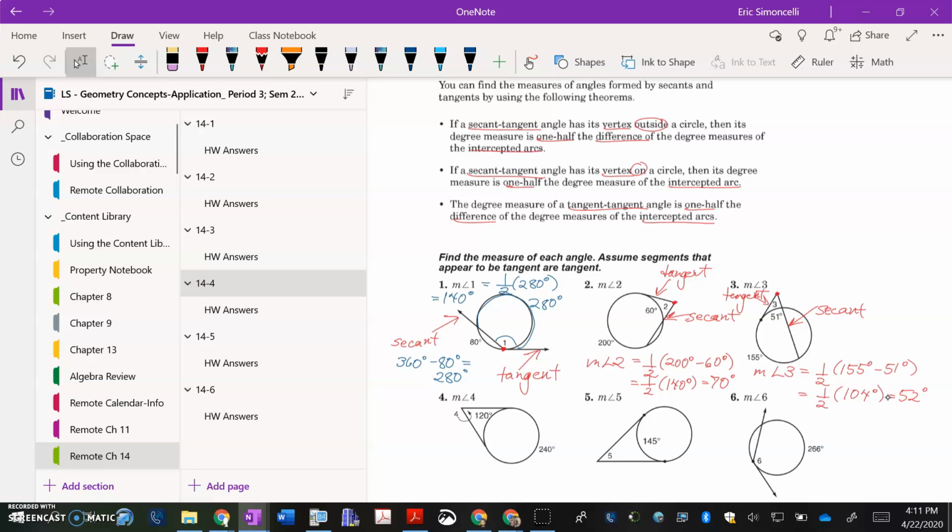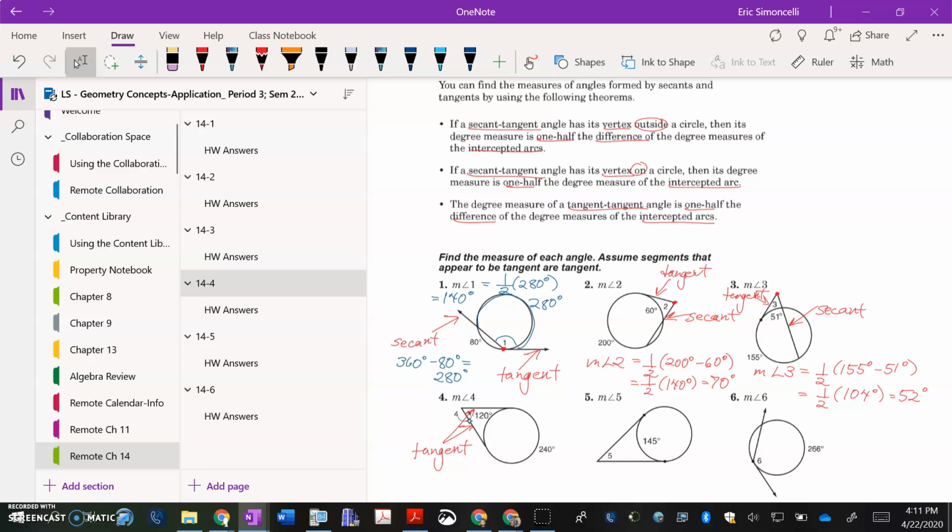Number 4, the measure of angle 4. This happens to be a tangent-tangent problem, so both of these are tangents. And it turns out there's only one theorem that speaks to this.